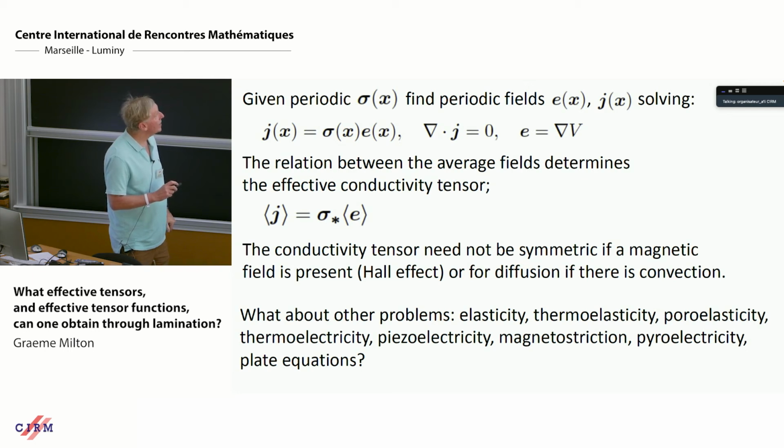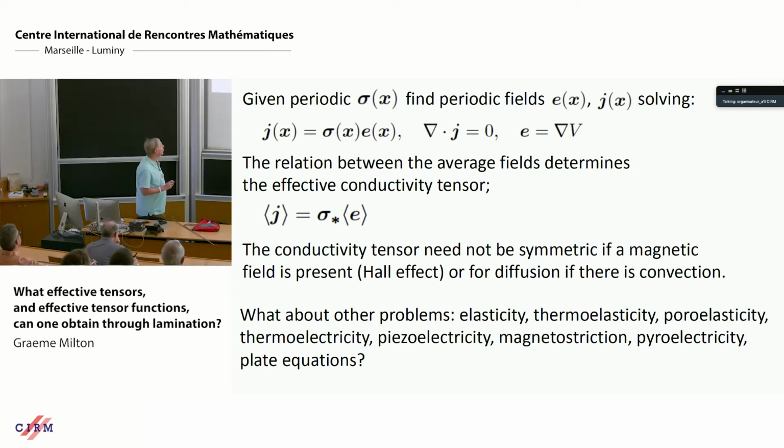And then it's a relationship between the average current and the average electric field, which determines the effective conductivity according to that formula there. And I'd emphasize that that matrix, sigma and sigma star, are not necessarily symmetric.